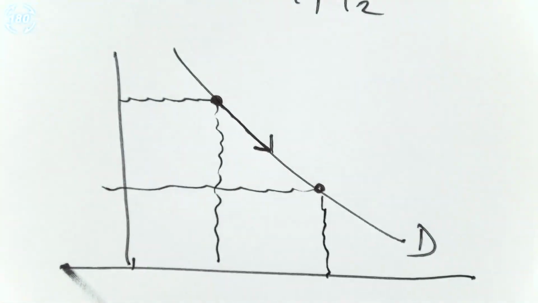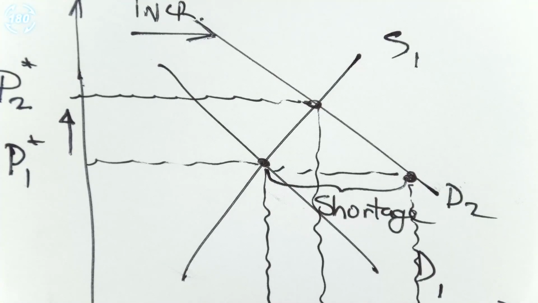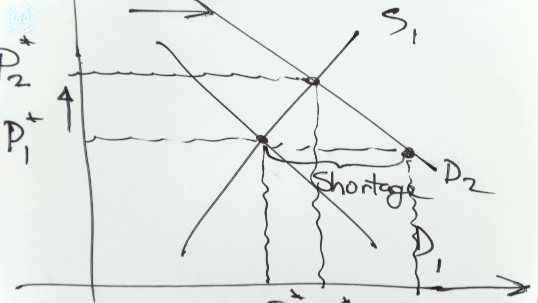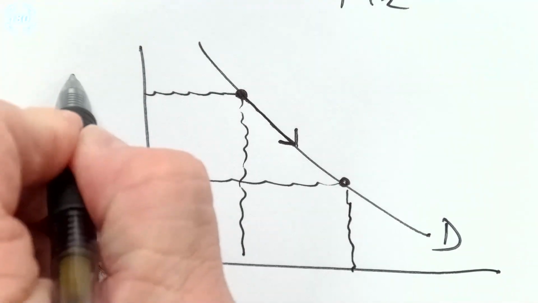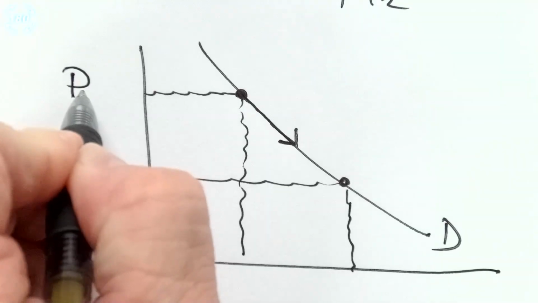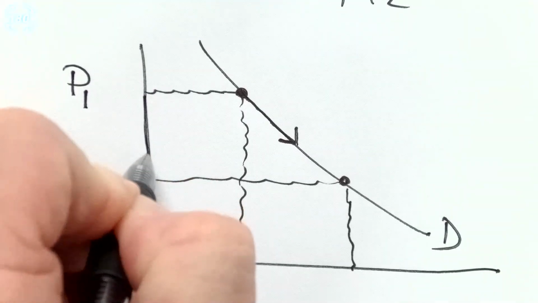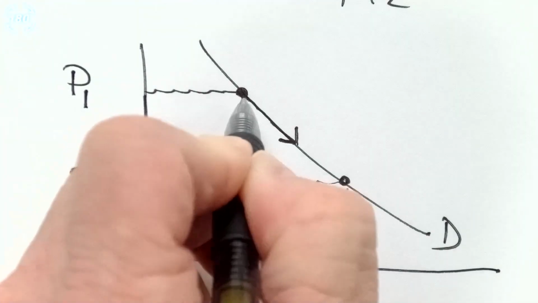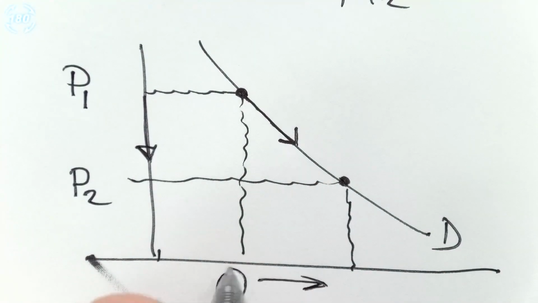Well, that would shift the demand curve, and that's the situation you have here. But here, if people want to buy more gasoline simply because the price has fallen, and I'm going to call this P1 and P2, the price of gasoline has fallen, that will cause a movement along the demand curve this way from Q1 to Q2.